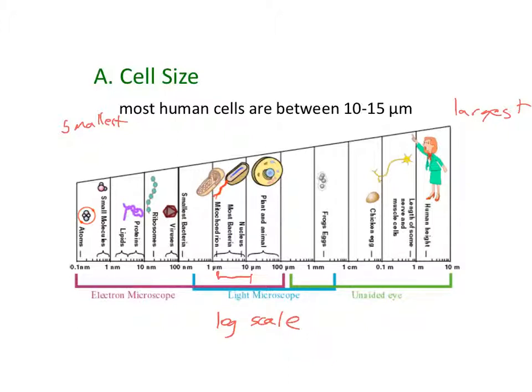And so when we look at human cells, most human cells are going to be in this range of between about 1 micron and 10 microns. And you can see this is all material that you need a light microscope to see, which are the scopes that we use in lab. As you get smaller, we go into electron microscopes, and here's the limit of human vision.